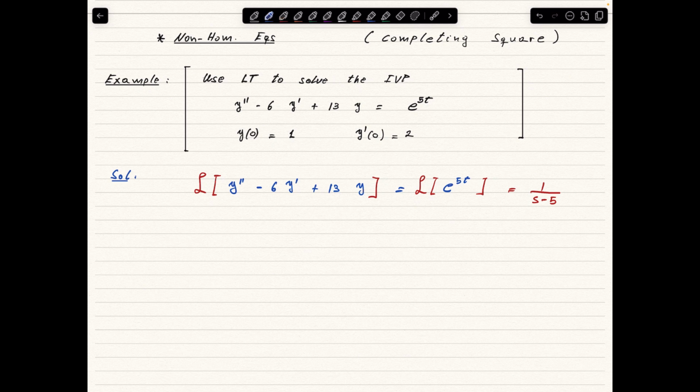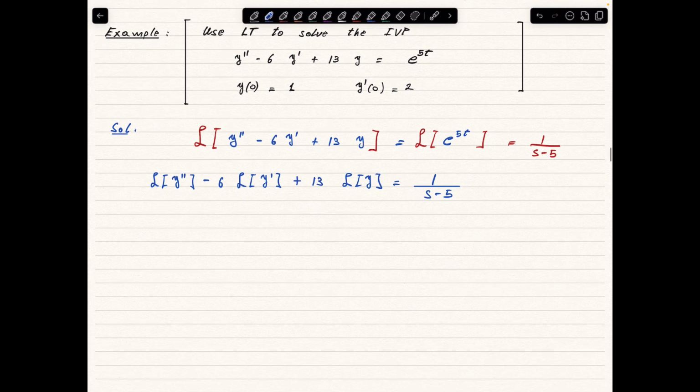What do we do on the left side? We are doing the calculation a little bit faster than in the previous example. On the left side we have the Laplace transform of the second derivative, minus 6 times the Laplace transform of the first derivative, plus 13 times the Laplace transform of y, and recall now this is not 0, this is equal to 1 over s minus 5.